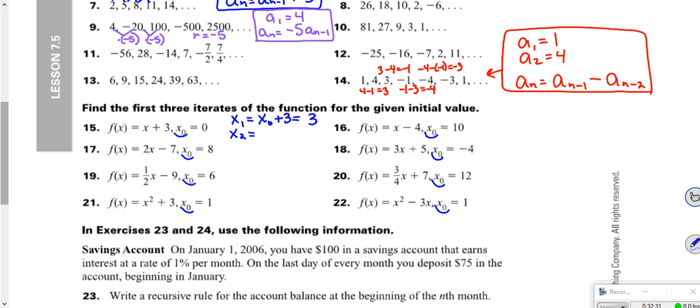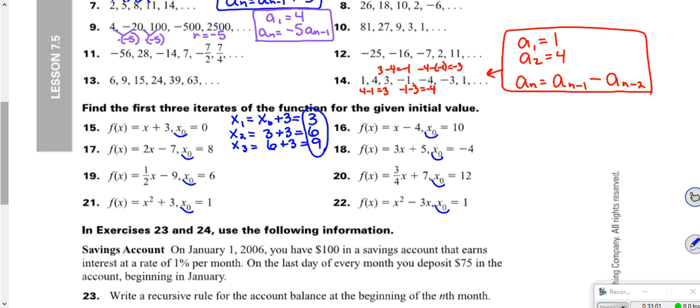X sub 2 is going to be 3 plus 3, which is 6. X sub 3 is going to be 6 plus 3, which is 9. So if they want the first 3 iterations, or the first 3 iterates, of the function for the given value, that's what they're talking about. It's still recursive. You're taking the answer to the first step and putting it in the next function.